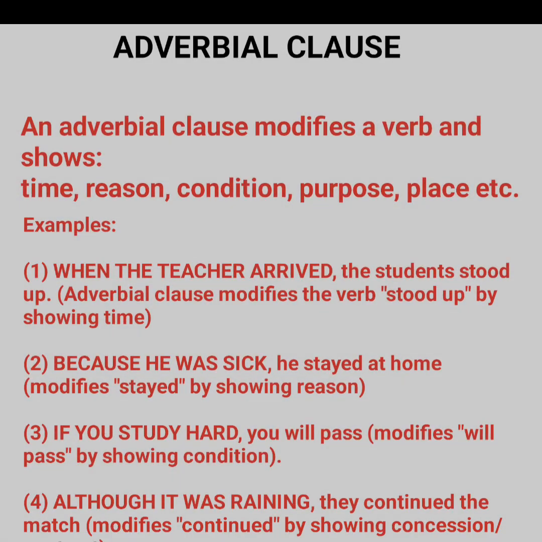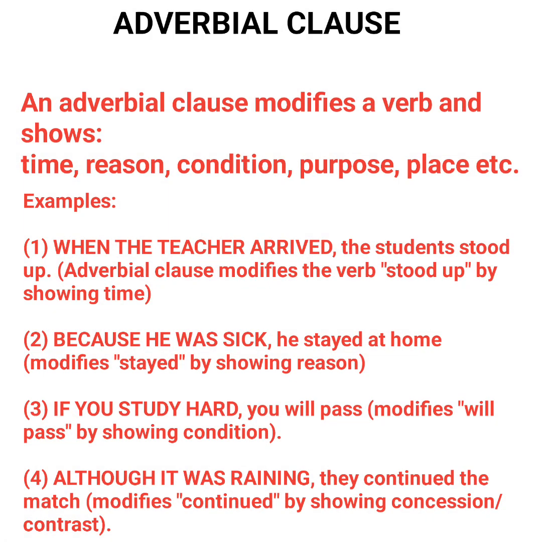Lastly is the adverbial clause. An adverbial clause modifies a verb, adjective, or other adverb to show time, reason, condition, purpose, place, etc. Examples. Number 1: when the teacher arrived, the student stood up. In this sentence, the adverbial clause modifies the verb stood up by showing time.